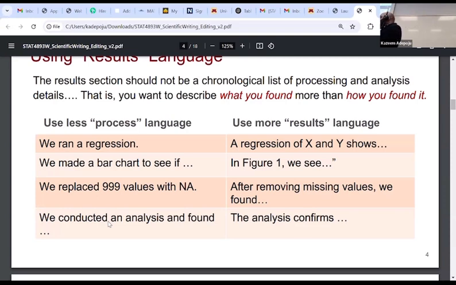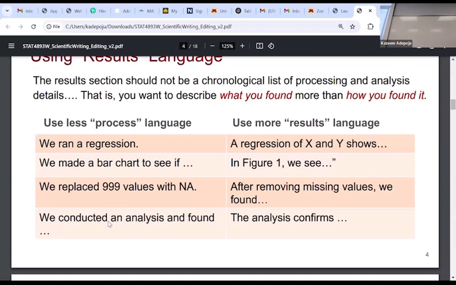And that's why we like the use of "we." You can still use it, okay? But in the result section, you actually want to tell the world what you found. So in that result section, avoid the use of "we," but you can use it in the other body. You get what I mean?